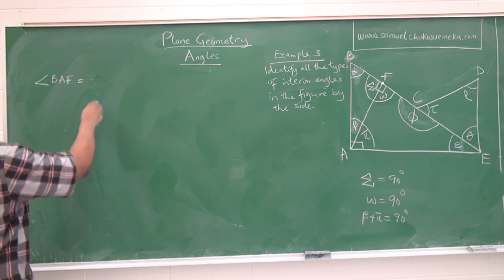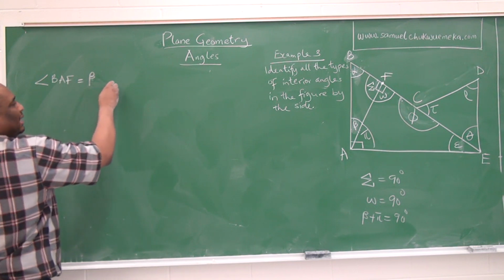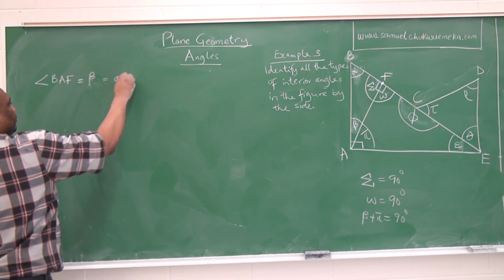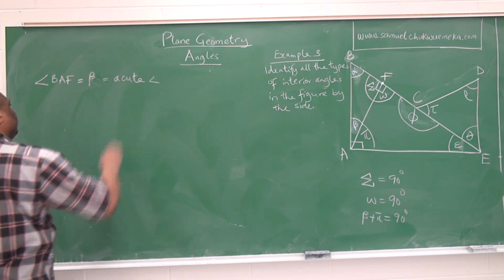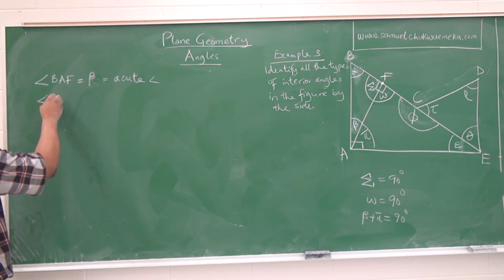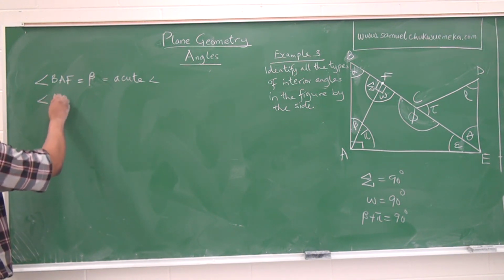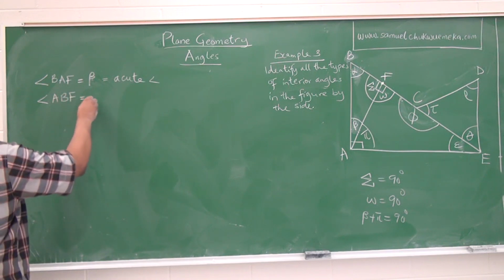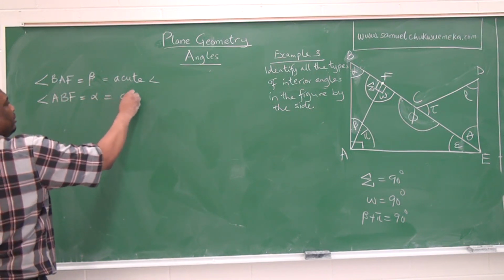BAF is what? It is beta, and that is an acute angle. Angle ABF. Angle ABF is what? Alpha, and that is also an acute angle.